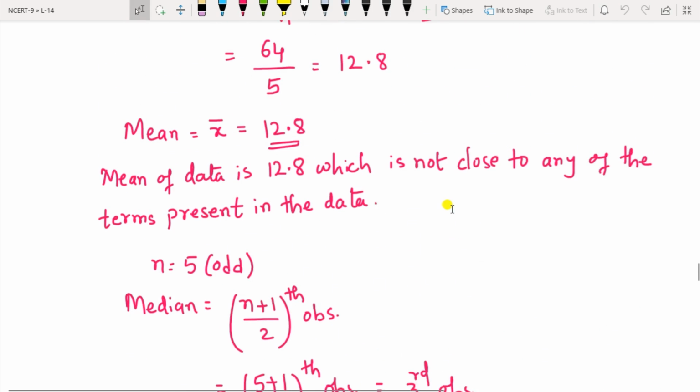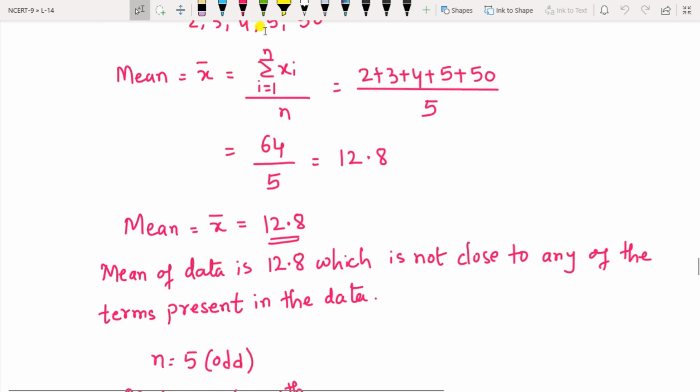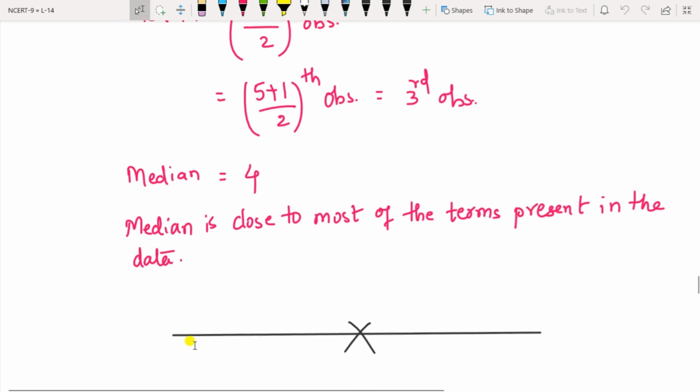So the third observation in this case, that we have arranged in the ascending order, is 4 here. So 4 is quite near to 3 of the terms, not the last term but 3 of the terms. So we can say it is close to most of the terms present in the data, so it is an appropriate measure of central tendency. So this was your 6th question.